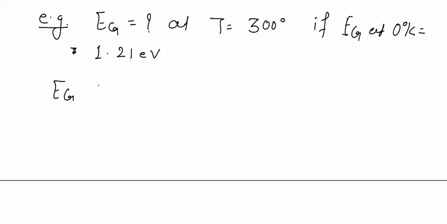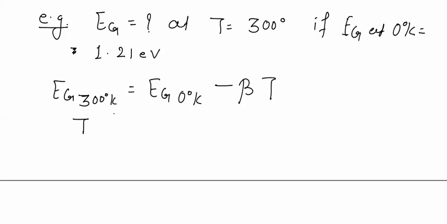We know that Eg at 300 degrees Kelvin will be equal to Eg at 0 degrees Kelvin minus beta into T. T is the temperature at which we want to calculate forbidden energy band gap, and it is 300 degrees Kelvin. Eg at 0 degrees Kelvin is given as 1.21 electron volt.